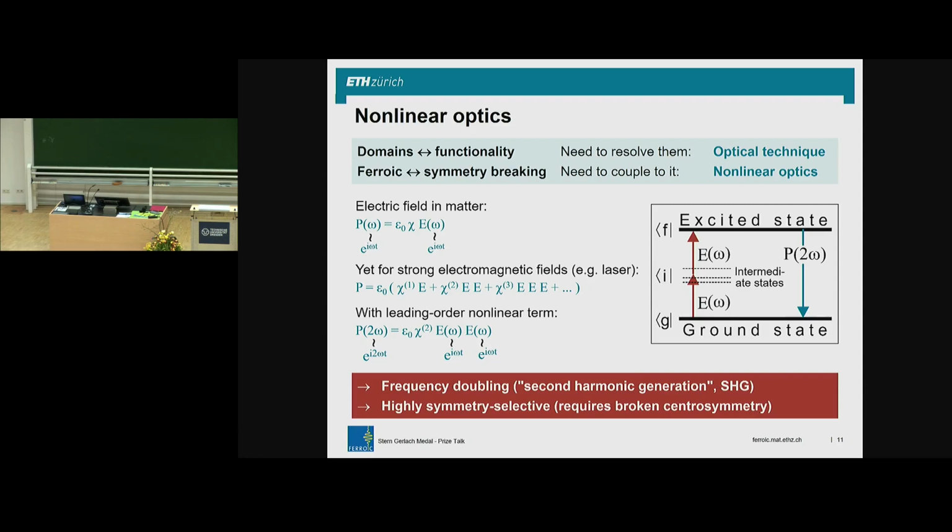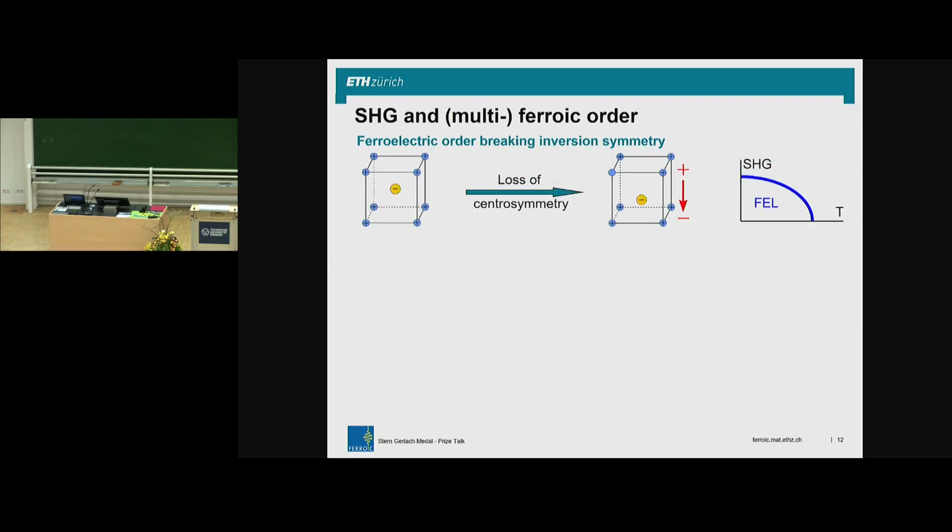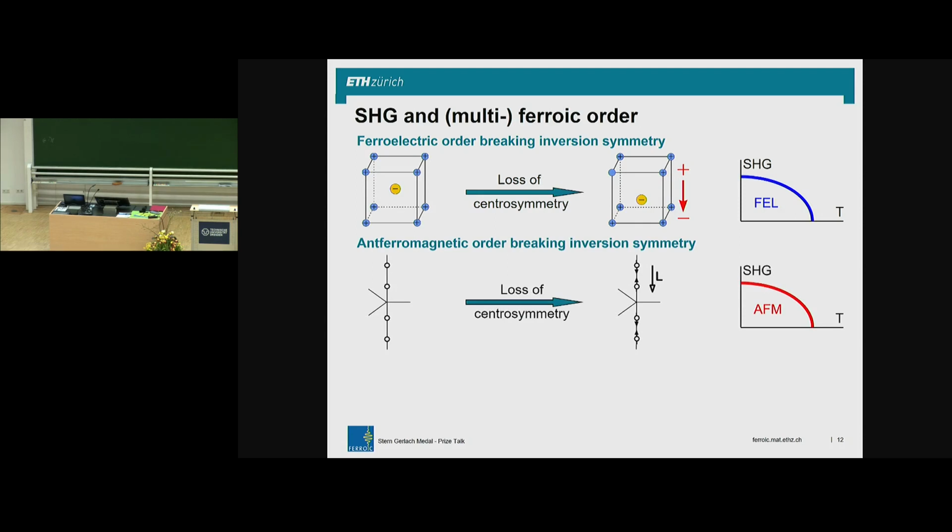have your symmetry sensitivity. So if we now look at ferroelectric order, so we have a material that at first has no spontaneous polarization, then it develops the spontaneous polarization. Inversion symmetry is lost. So immediately you would expect that some second harmonic signal comes up because now it's allowed. Background free even. The same you could do with magnetic order. Take a chain of spins.